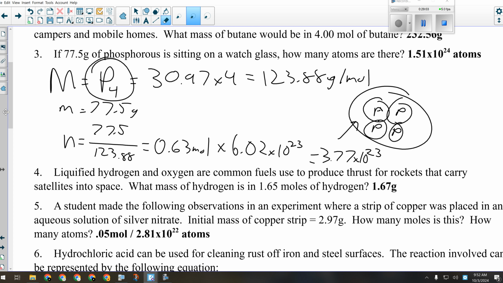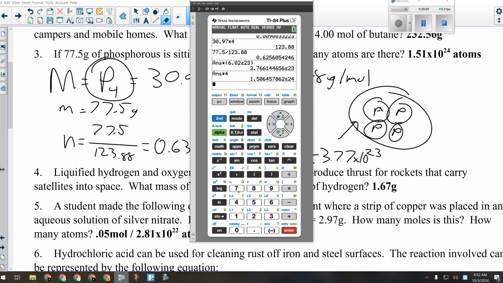It would work if you did it that way. If you just did it as a single phosphorus atom, it would work good enough for that.